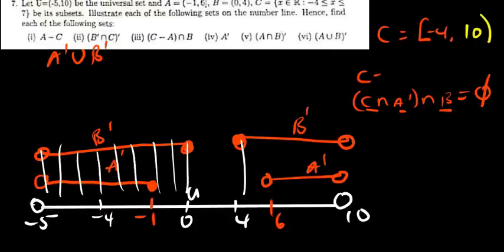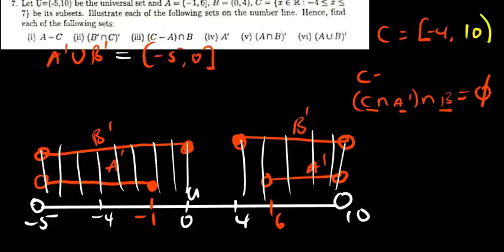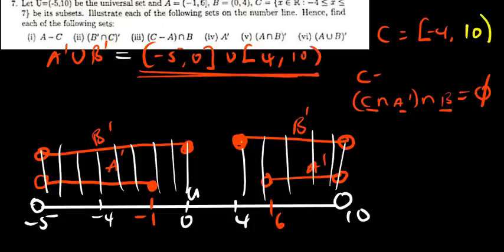Reaching there, then we jump again this part. So the answer should be from -5 all the way to 0, 0 included, union, then 4 because this last part is included, all the way to 10 not included. That is the answer.